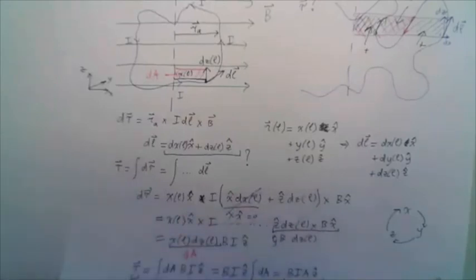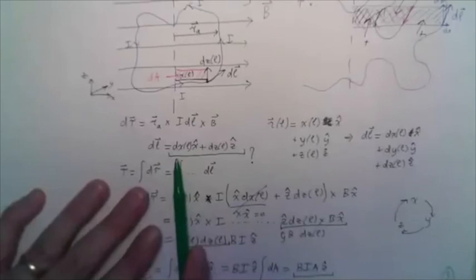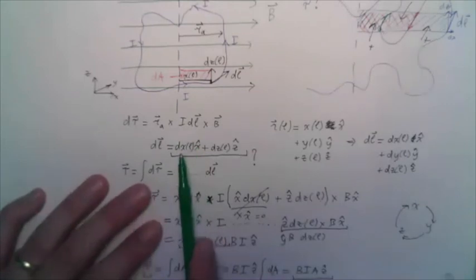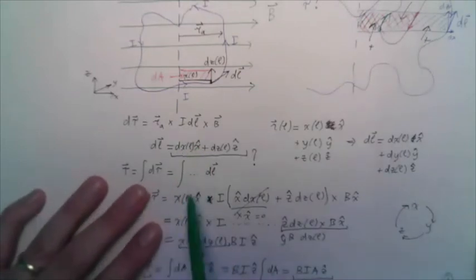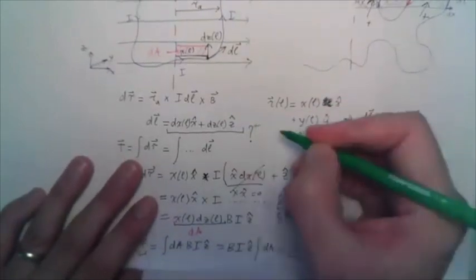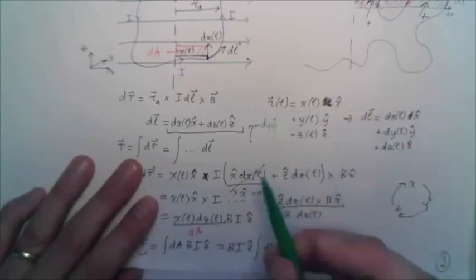So what we need to modify is the x component. So that means that this thing is going to become smaller because there's going to be a y component added. So we also need to add a y component, dy y hat.